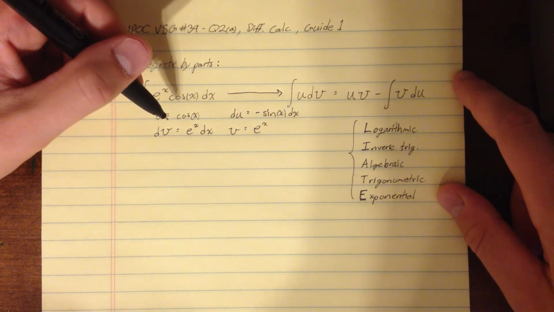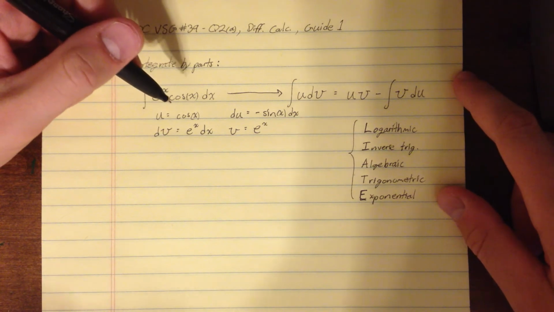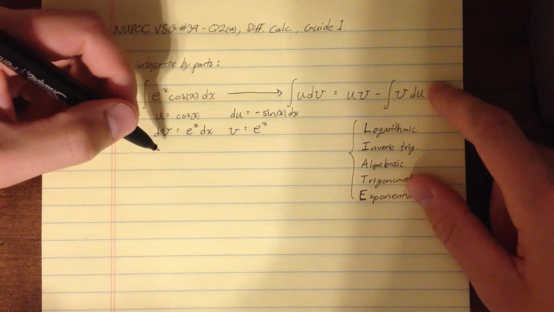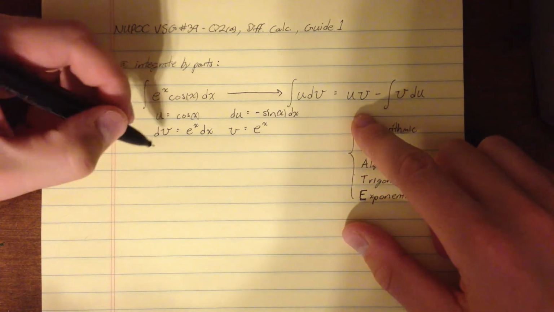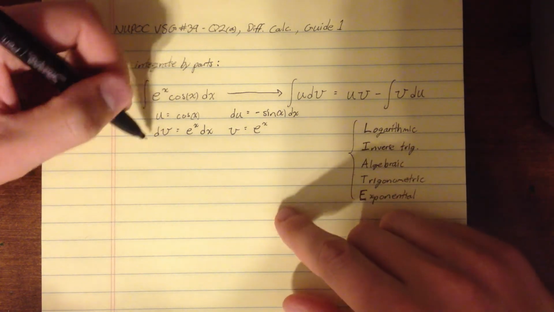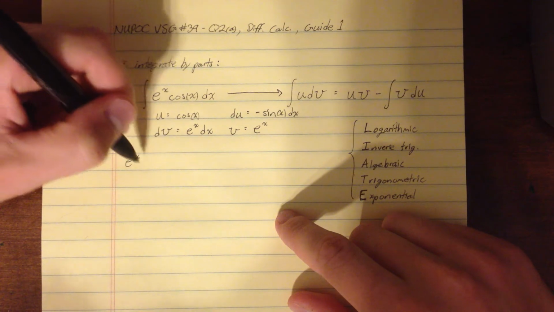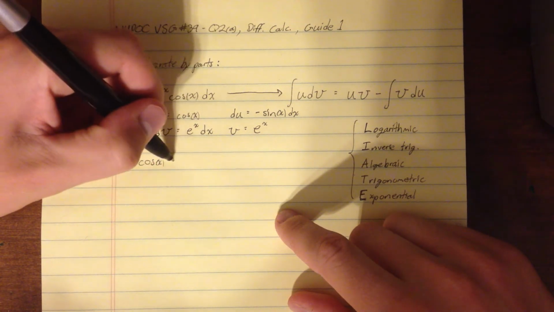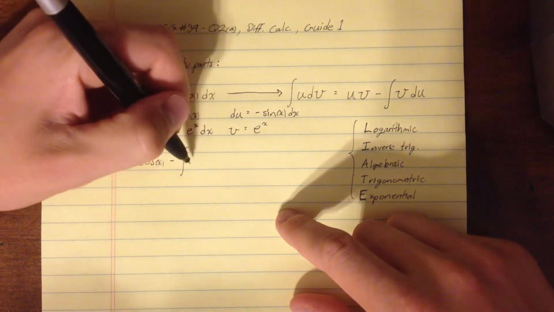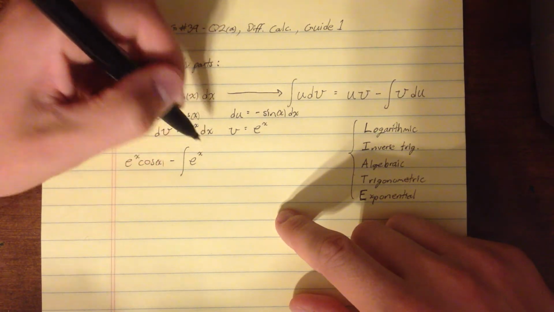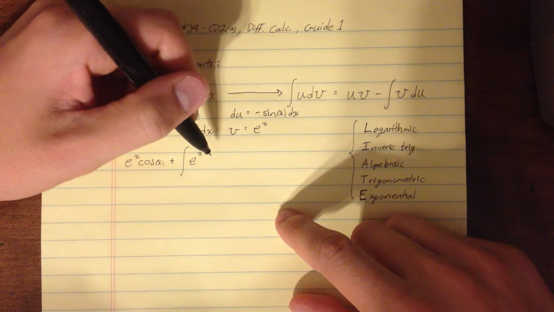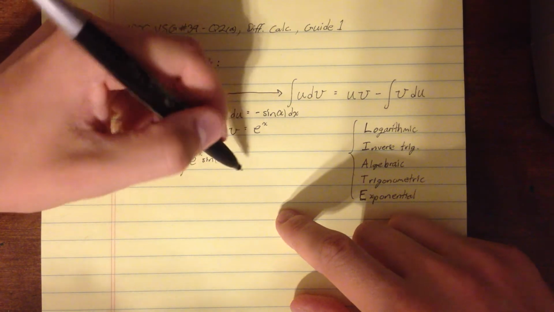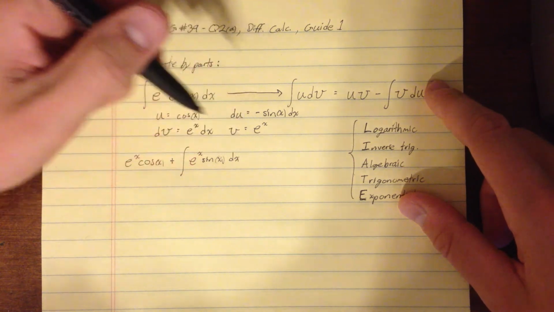So now we have u times v, so e to the x cosine of x, minus the integral of v du. So e to the x, and I'm going to bring out this negative sign here, sine of x dx.